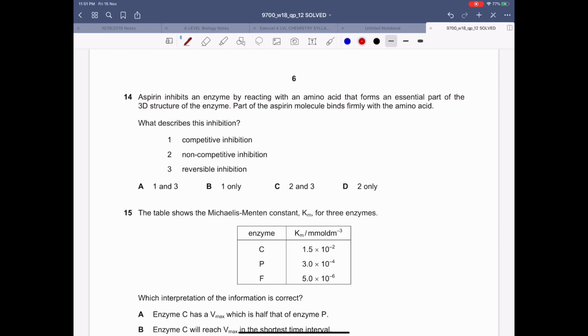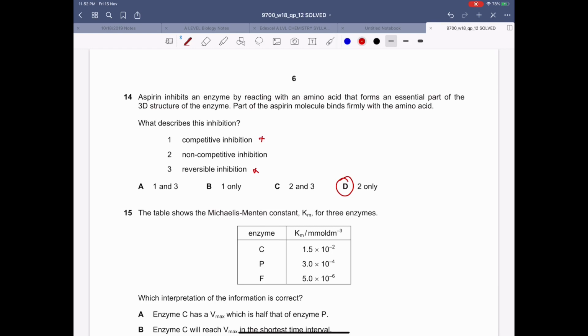So you see, part of the aspirin molecule binds firmly with the amino acid. Whenever it is referring to the amino acid, then obviously it is not a competitive inhibitor, because a competitive inhibitor would bind with the active site. So competitive inhibition, wrong. Reversible inhibition, wrong, because there is only the other option left, which is the non-competitive inhibition.